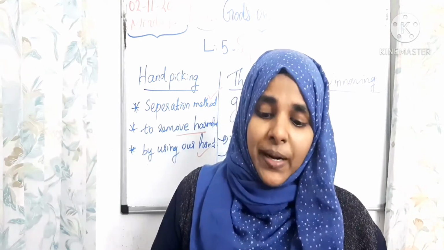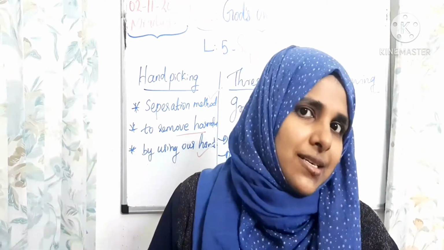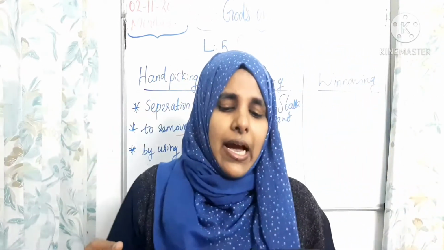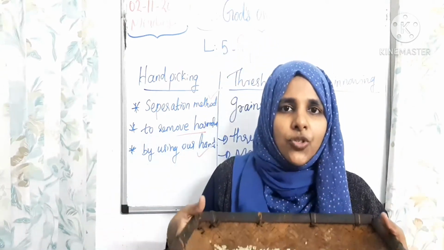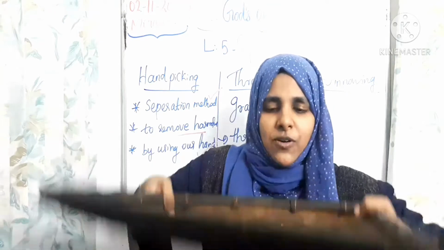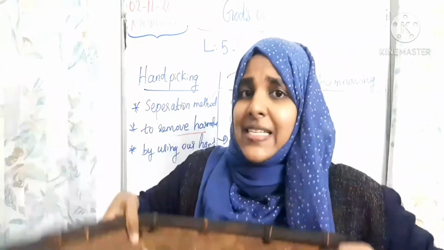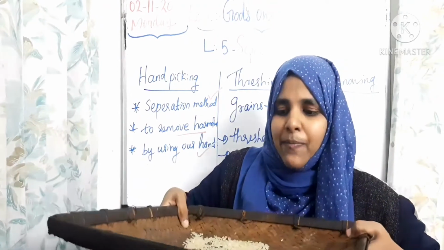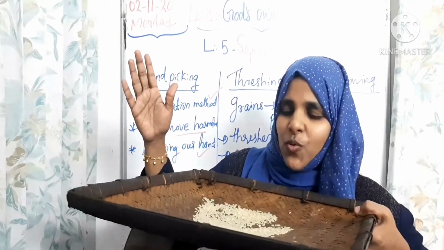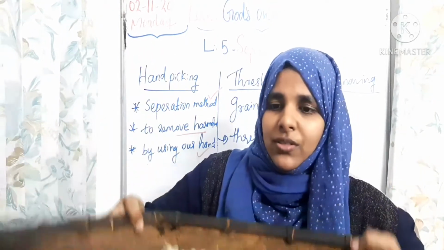I need to separate grains from the husk. It is brown in color and I am going to separate this husk from the grains. So what am I going to do? I am going to do it like this. Maybe you have already seen your mother doing this. It is completely based on the wind direction: when the wind is moving, the husk moves down. Okay.